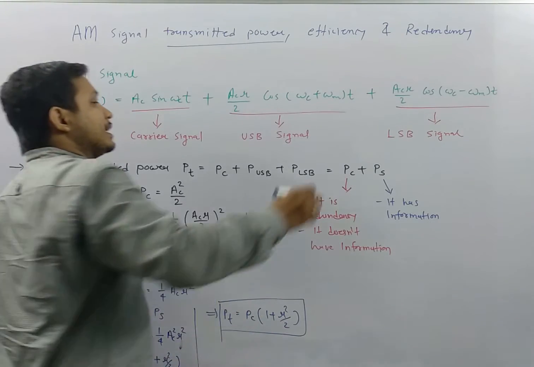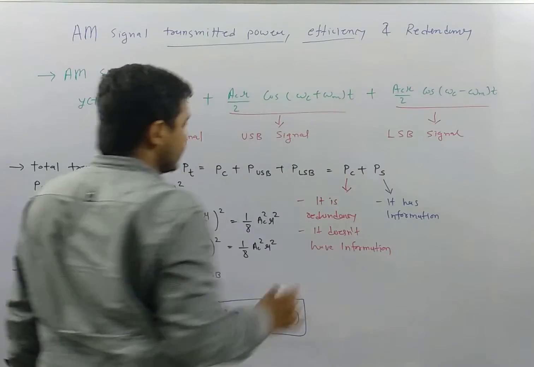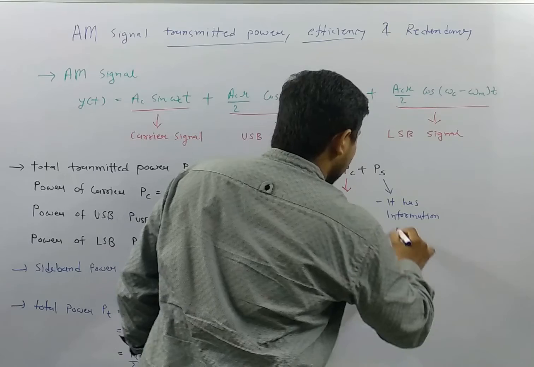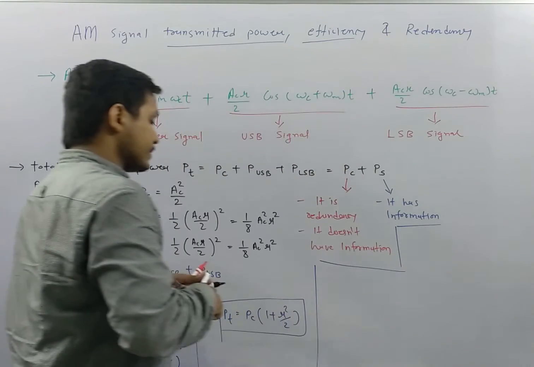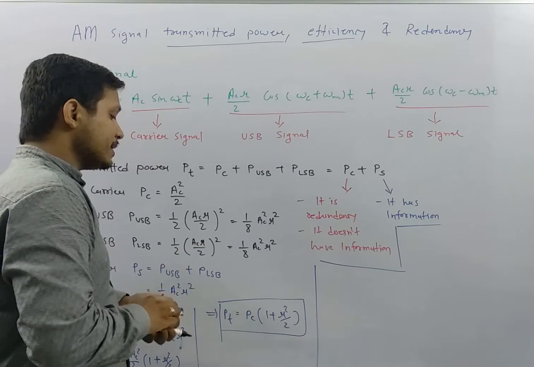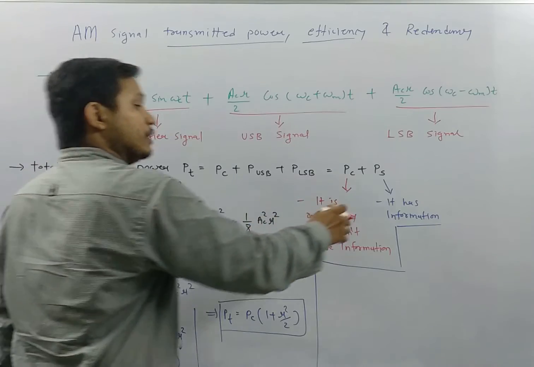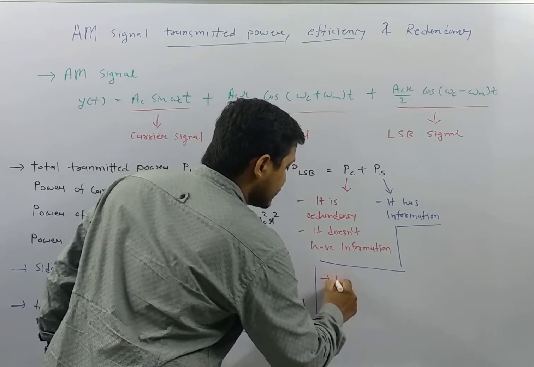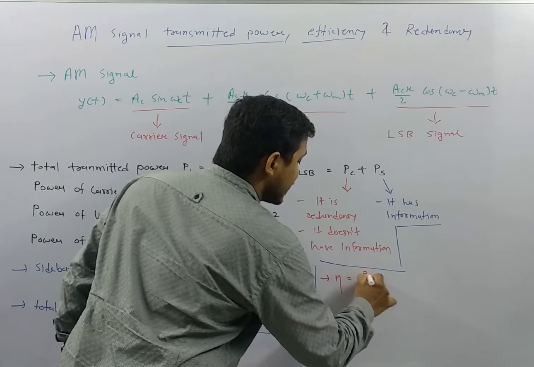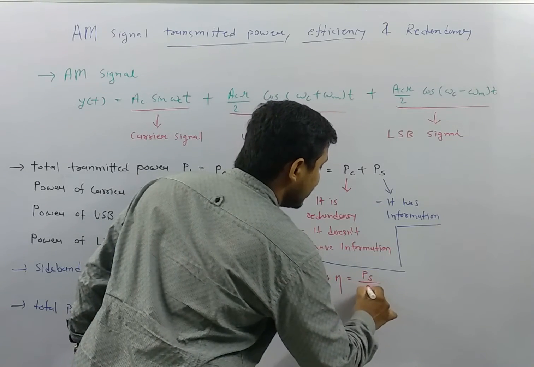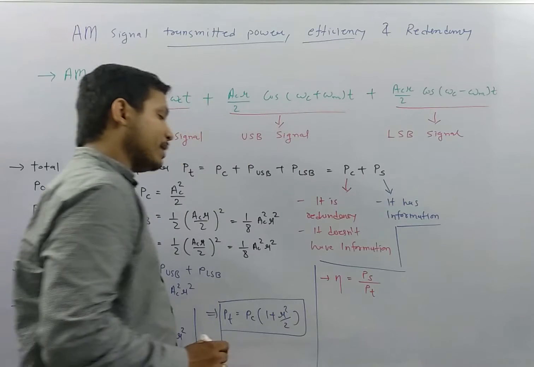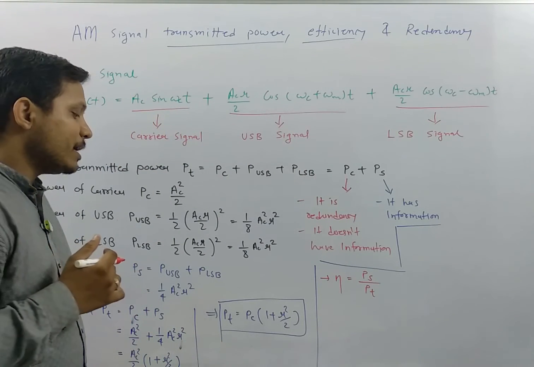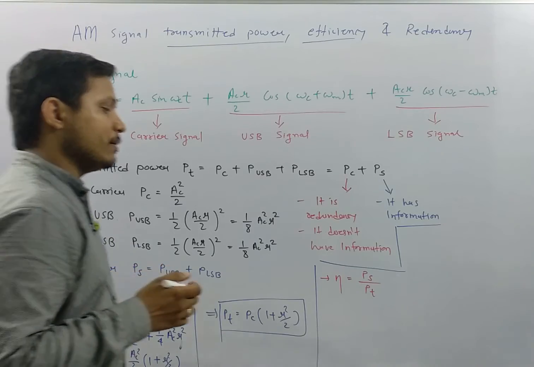Now I'll explain the calculation of efficiency. When we talk about calculation of efficiency, that is based on information. So what is efficiency? Efficiency is sideband power divided by total power.